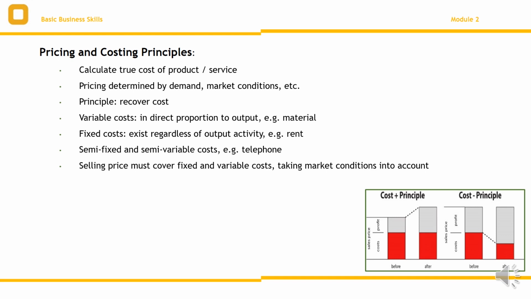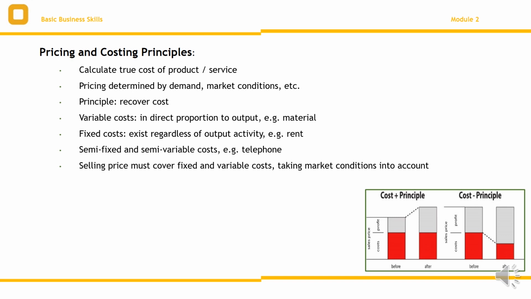They are variable in the sense that if production increases, then definitely the cost of material and labor are going to increase. But if production decreases, the cost of material and labor may decrease. So these costs will fluctuate, they will change based on the level of output or production.